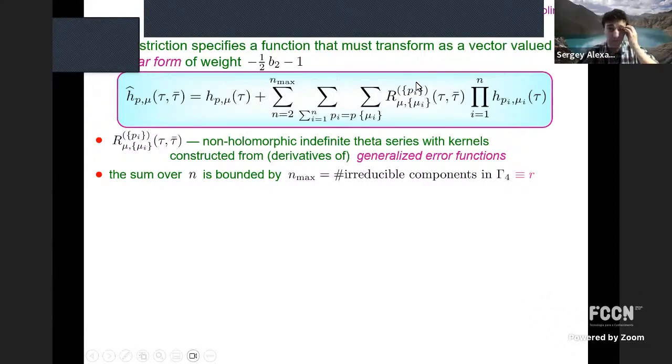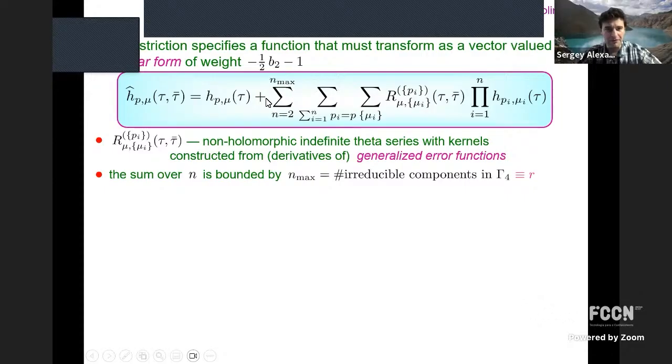The important point is that we know how these functions look, but I will not show the explicit expressions because they are complicated and it would require 15 minutes to explain. Just let me say in words that there are some non-holomorphic indefinite theta series with kernels constructed from a type of special functions, which are called generalized error functions.